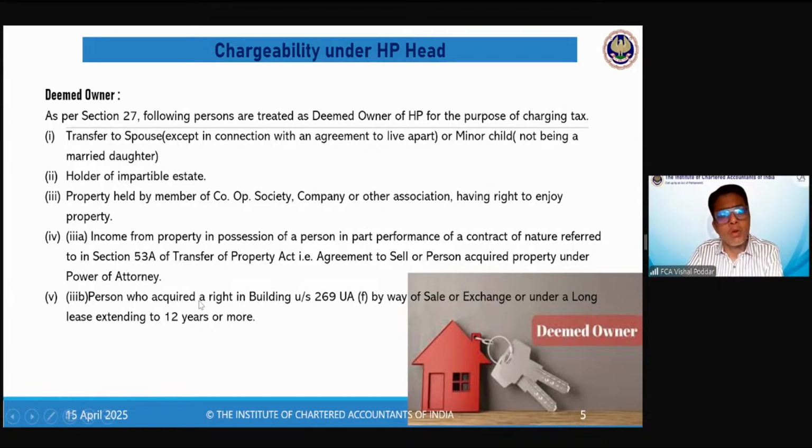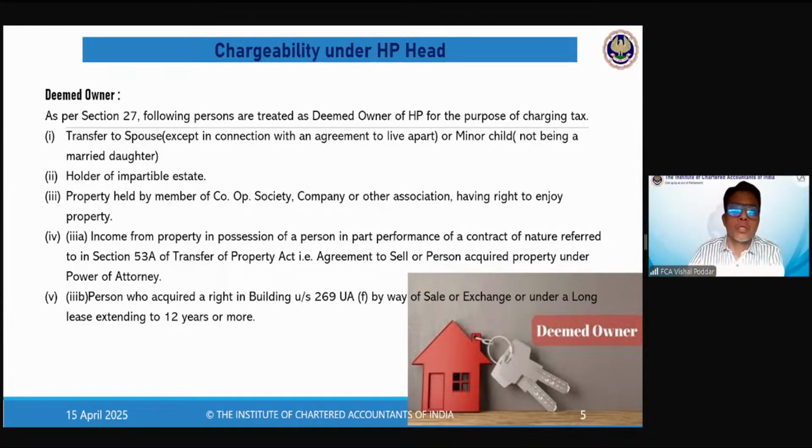The last scenario of deemed ownership is where you have taken a property under lease and the lease period is 12 or more years. Where the property taken by you on lease is for 12 years or more, you are deemed owner. So these are the scenarios where you are deemed to be owner, and in these cases, you will be required to pay tax on such rental income.